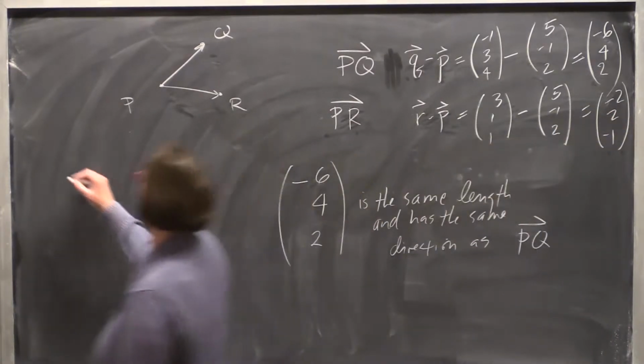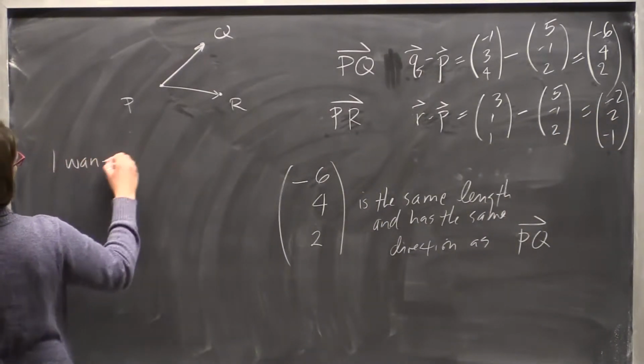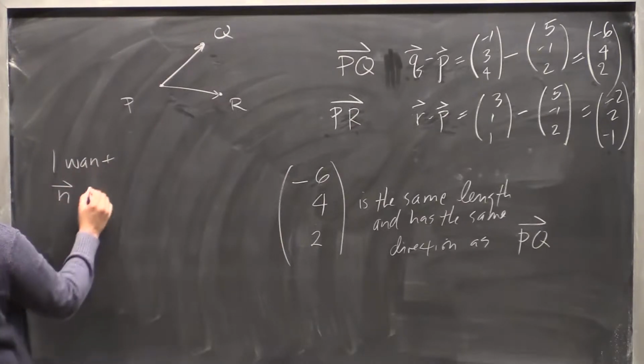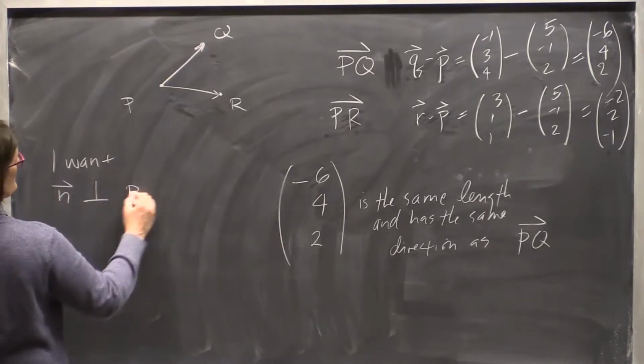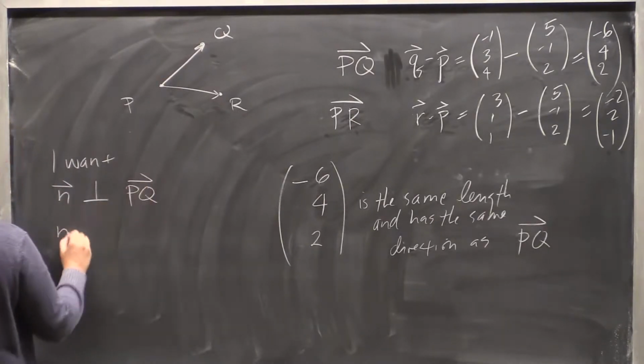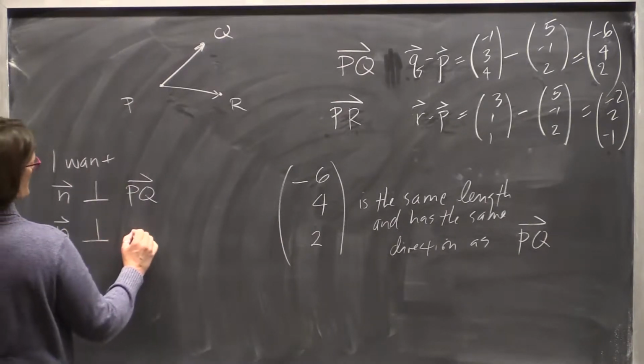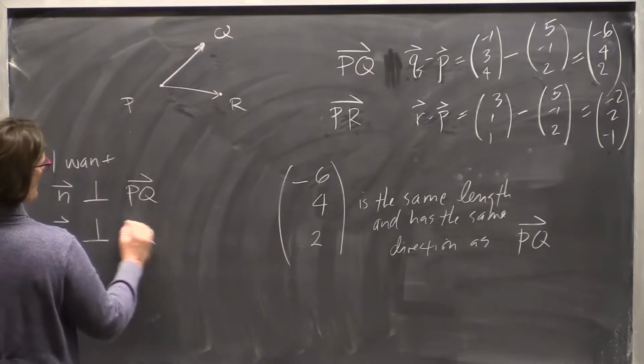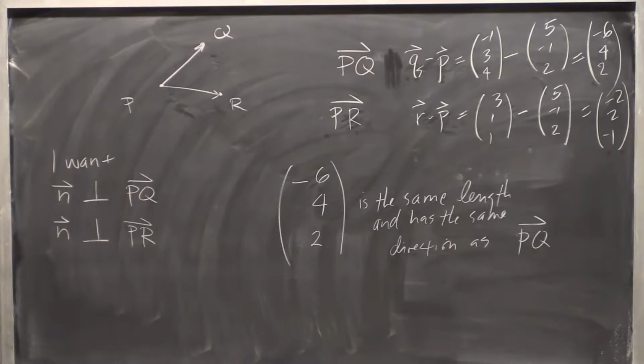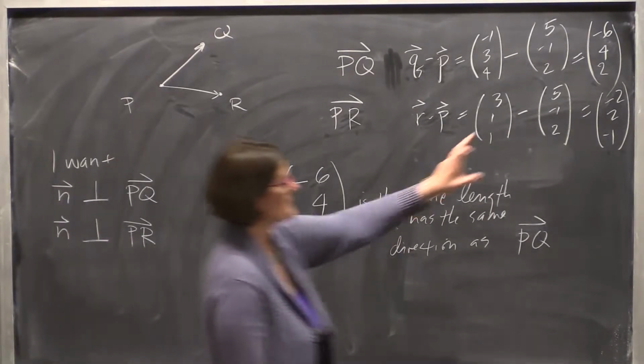So I want to find some vector which is orthogonal to PQ, and it's orthogonal to the directed line segment PR. So I would like to take the cross product of these two.